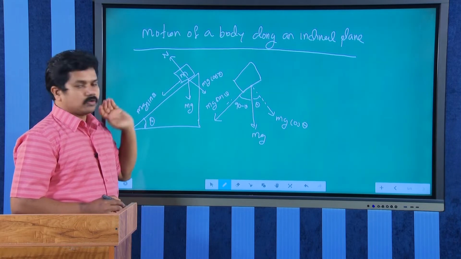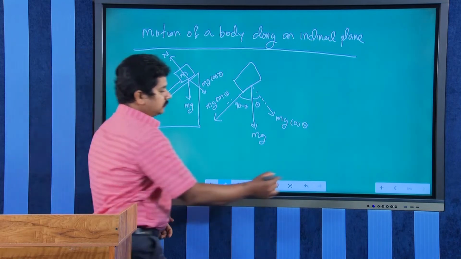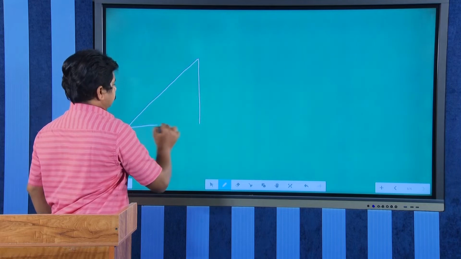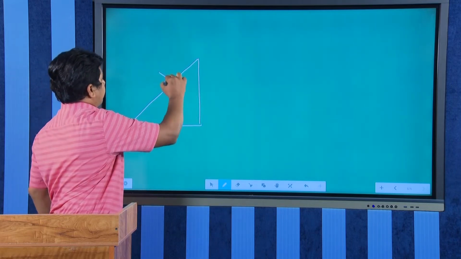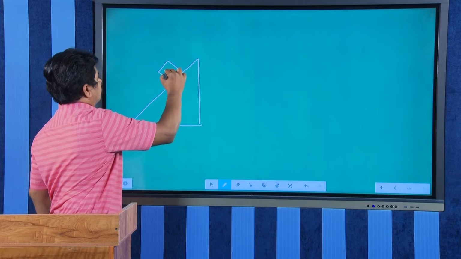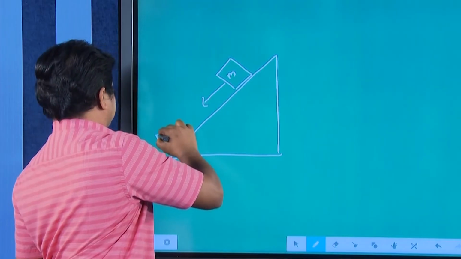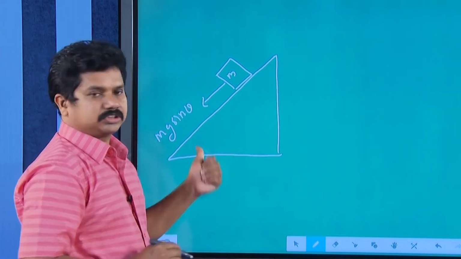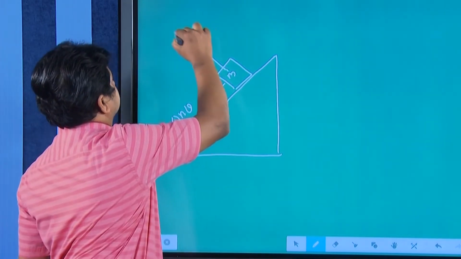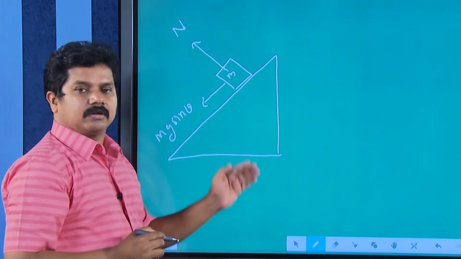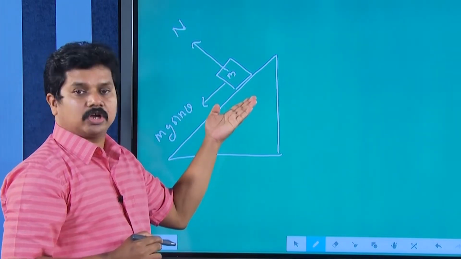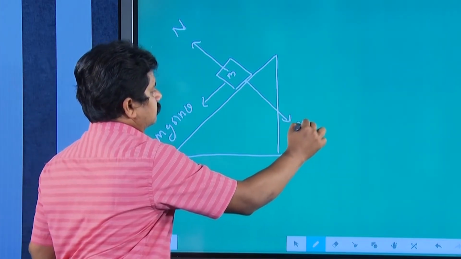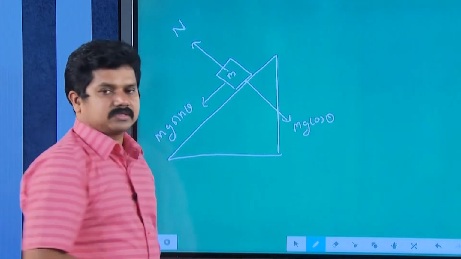Okay. Now, the forces acting on this block we can express like this. Mg sin theta along the motion, normal reaction perpendicular to the motion or perpendicular to the plane, mg cos theta, right.